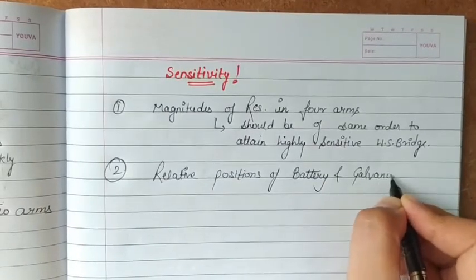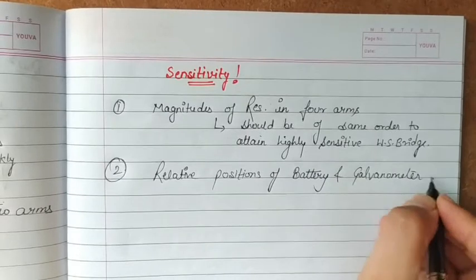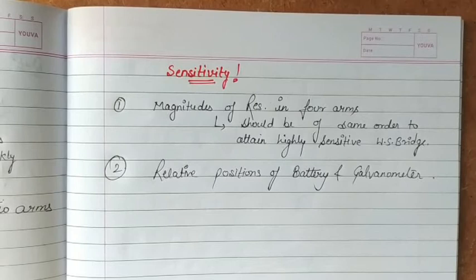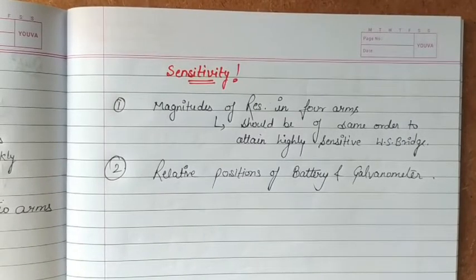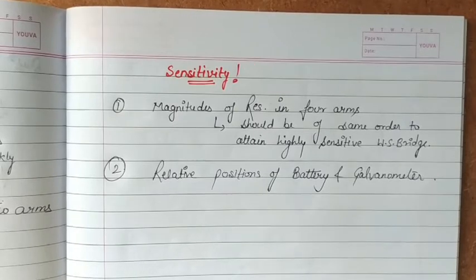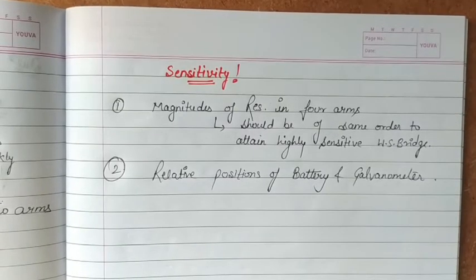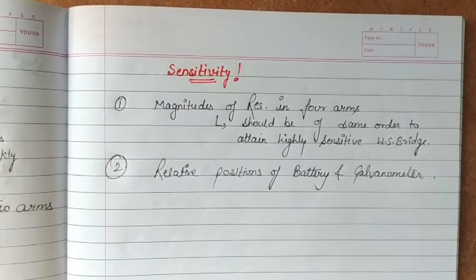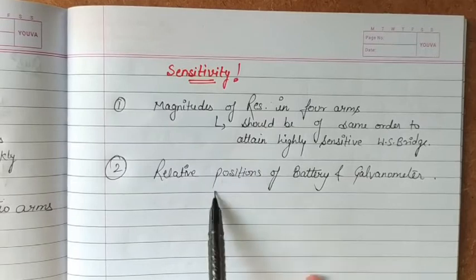These two factors are responsible for the sensitivity of a Wheatstone bridge, and a Wheatstone bridge is said to be sensitive if it shows large deflection in the galvanometer for a small change of resistance in the resistance arm. Even for small minute changes in the resistance arm, if it shows large deflection in the galvanometer, then it is called a sensitive Wheatstone bridge, and it depends on the following two factors.